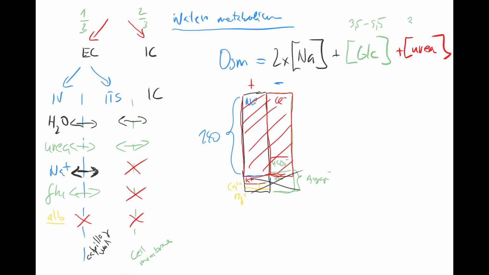It's 3.8 to 8.3, though it always depends what tables you're using, but I like 3.8 to 8.3 because it's just a backwards number. So these are the amounts. Do you agree that I can ignore urea and glucose? Yes, I can ignore that.